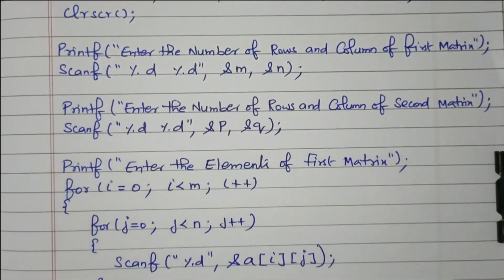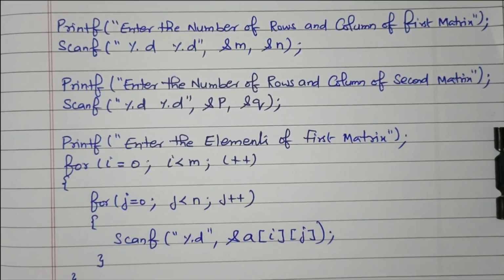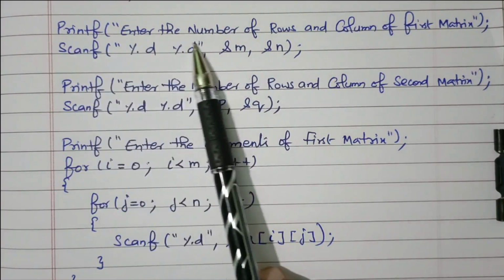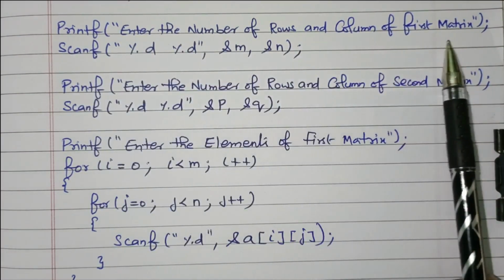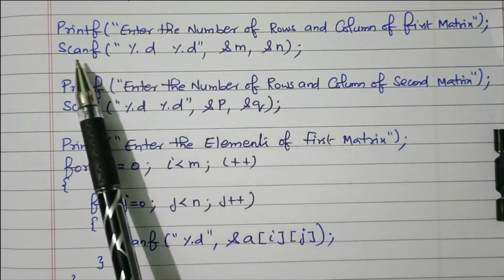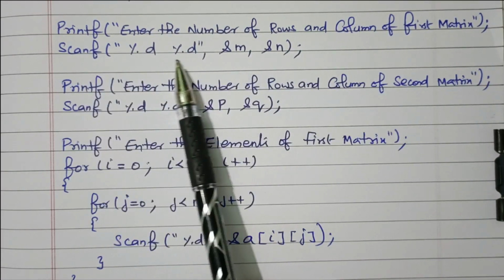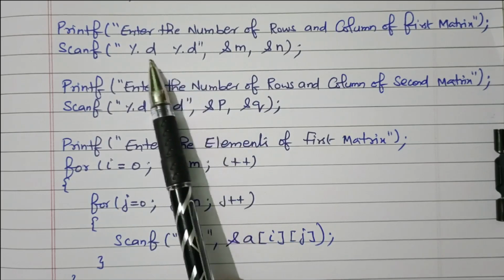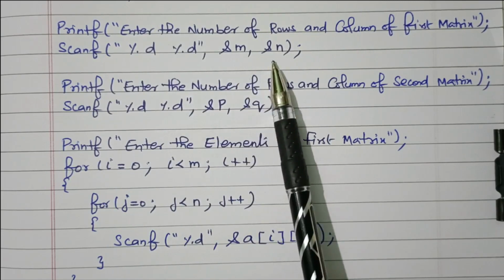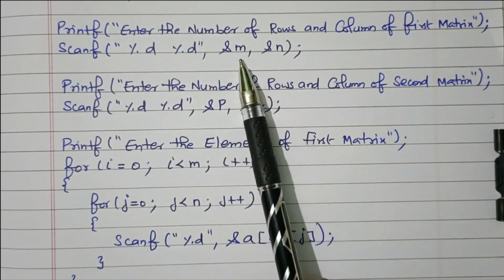Now we'll get the sizes of the first matrix and second matrix from the user. Printf, enter the number of rows and columns of first matrix. The user will enter two values, read by scanf with %d %d, which refers to the integer type, and &m and &n, the addresses of m and n.